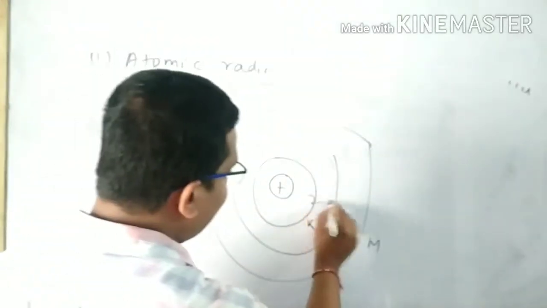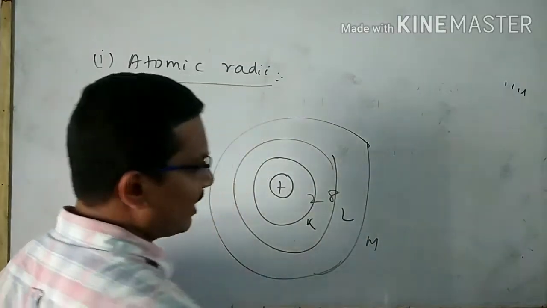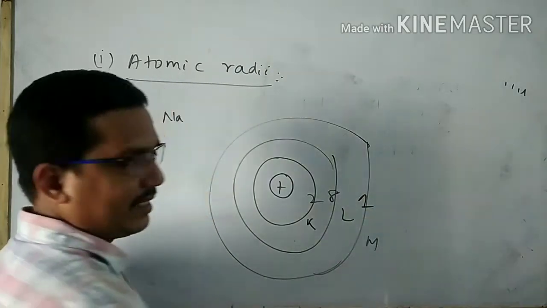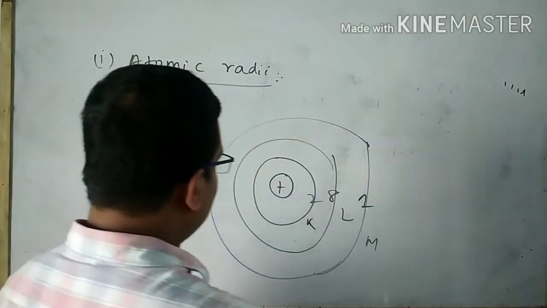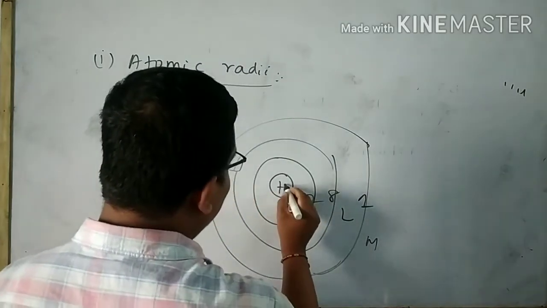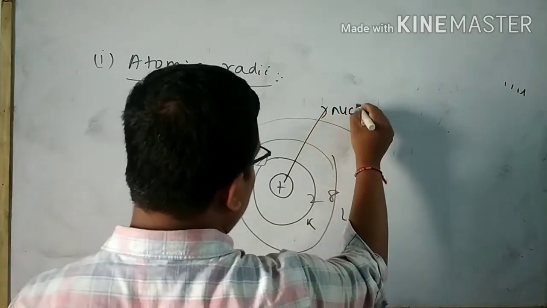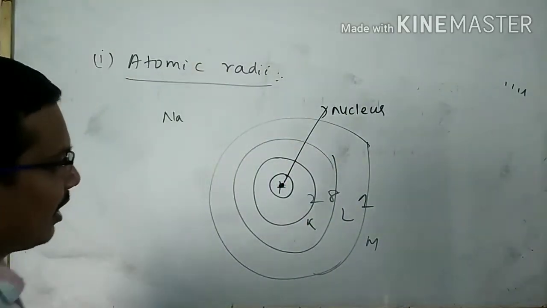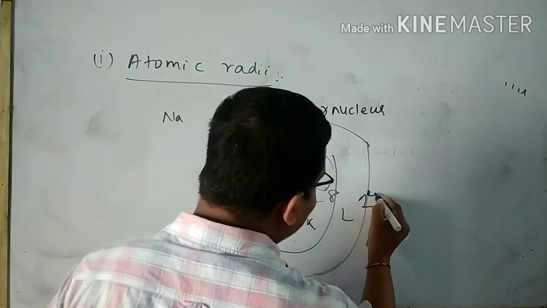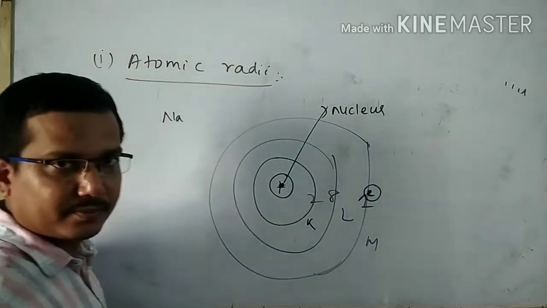Here 2 electrons are present, here 8 electrons, here 1 electron. This is the nucleus, the center. And here the valence electron is present.